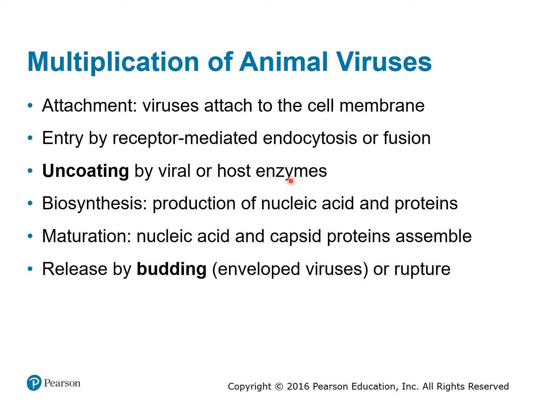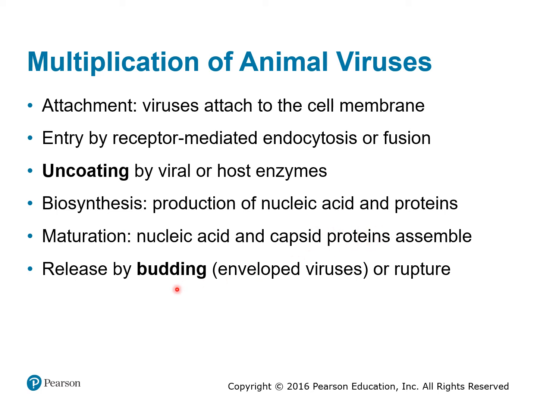Then the virus is going to start producing its own nucleic acids and its own proteins, of course, with the help of the host's enzymes and ribosomes, etc. And it's going to start to assemble itself.